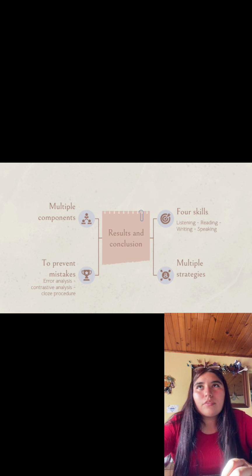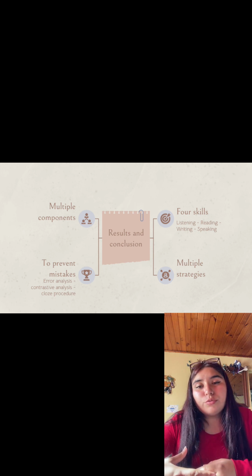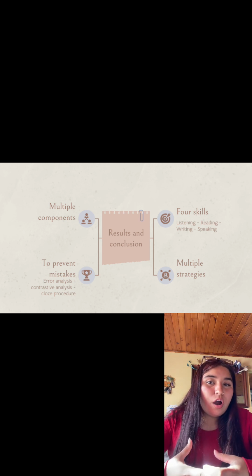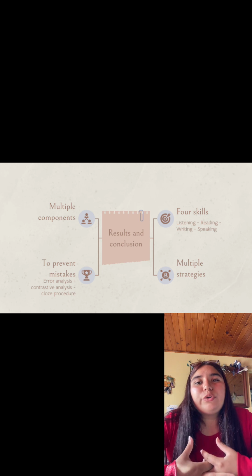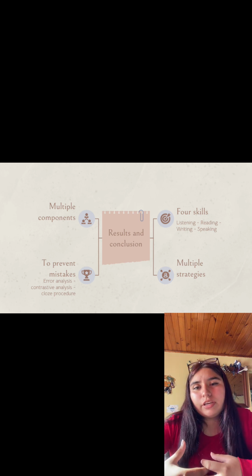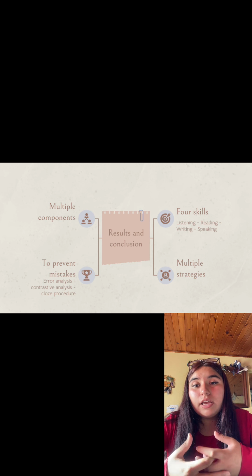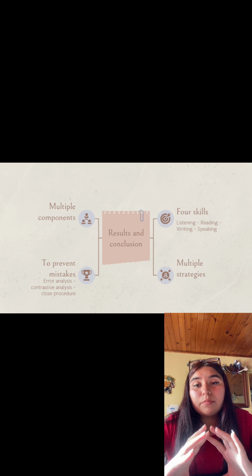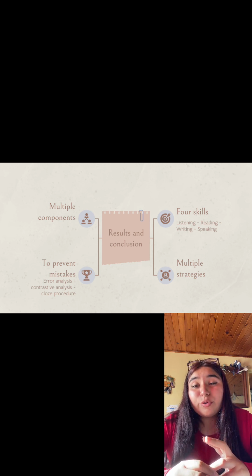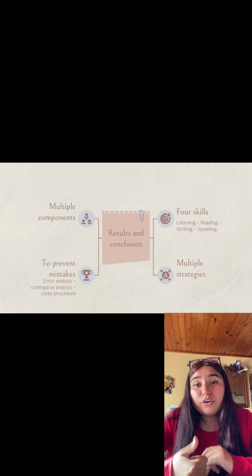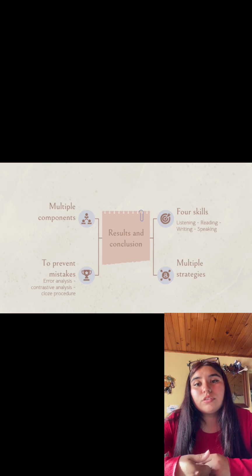So this paper helps us to understand a little bit more of how we can create a perfect and great class, and how we can plan and organize the lesson.